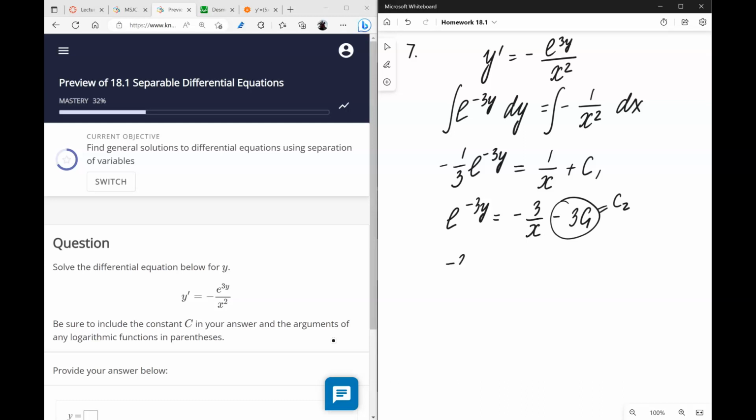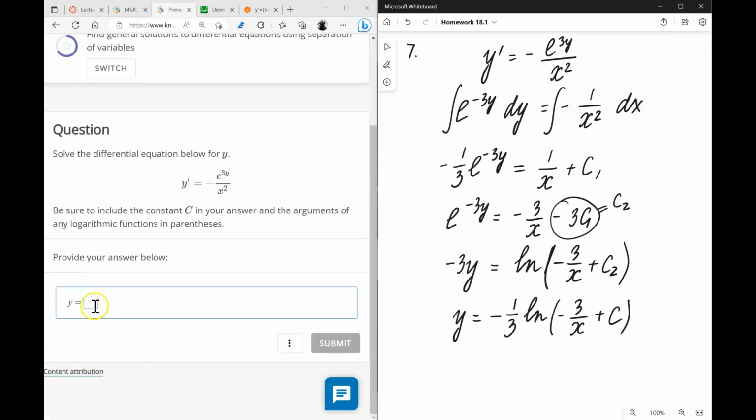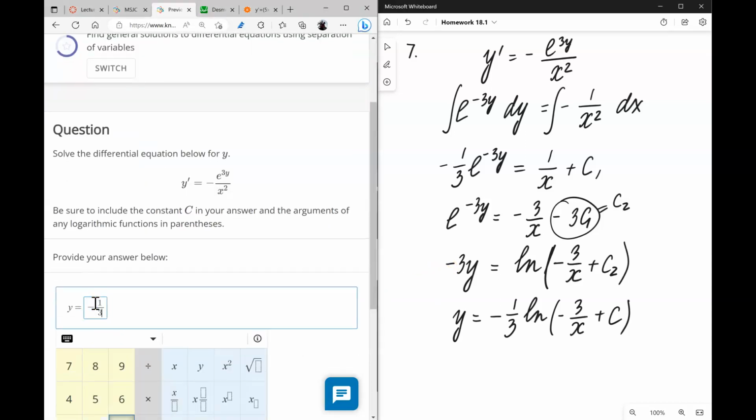Now we have negative 3y, assuming that what's on the right is positive, so it's going to be ln of negative 3 over x plus c2, and now we're going to divide everything by negative 3, so it's going to be negative 1/3 ln of negative 3 over x plus c2, and because we are almost done, we're just going to turn c2 back into just a constant of integration c. So the final answer is negative 1/3 ln of negative 3 over x plus c.